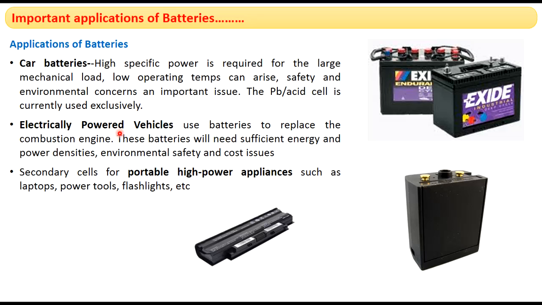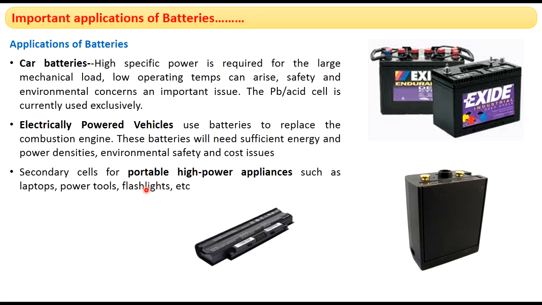The batteries used for electrically powered vehicles have sufficient energy and power density. At the same time, they must be safe without destroying the environment, and cost is also an issue here. The batteries for EP vehicles should not be expensive. So this is another application of batteries.